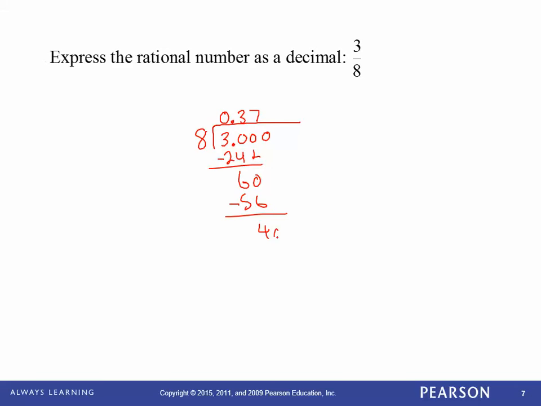So we bring down the 0, and how about a 5? And we get ourselves no remainder whatsoever. Perfect. So therefore we say that 3/8 is exactly 0.375. And notice what I did is I converted a rational number into its equivalent decimal form. Okay, that's the one that stops.